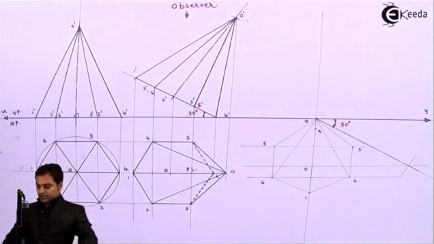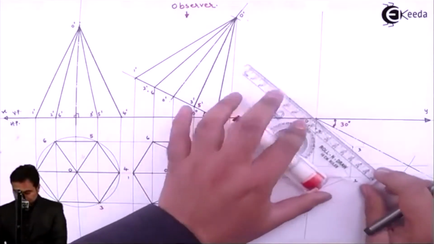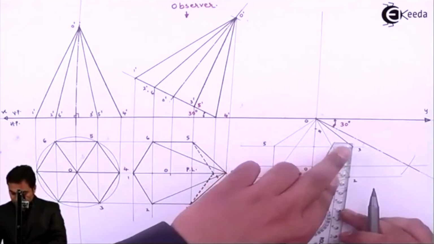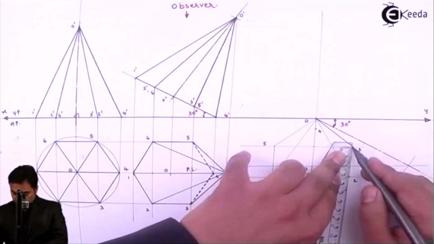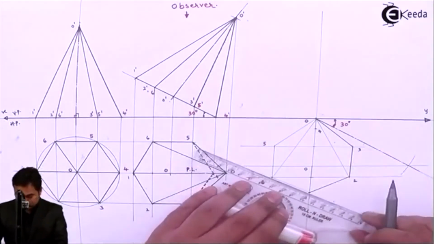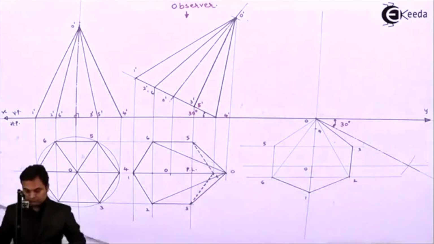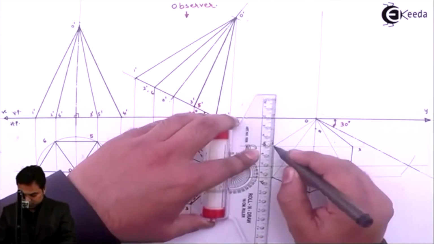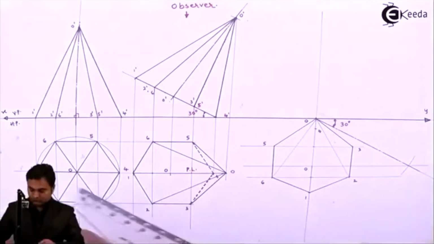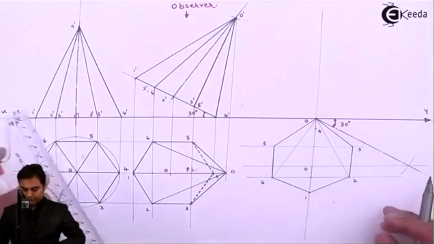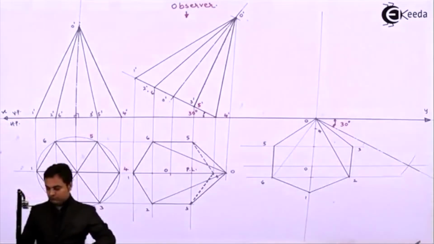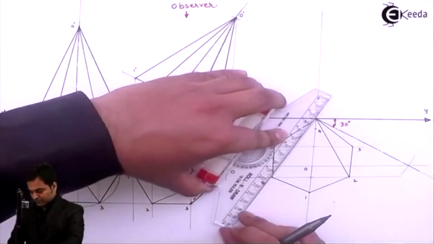Now I'll make it dark. Connecting 2 to point O. Then O to 6.